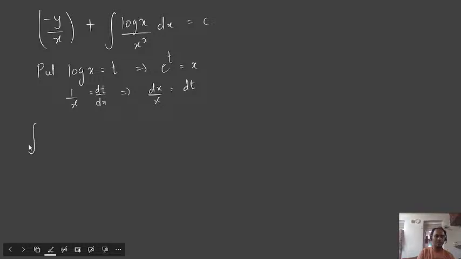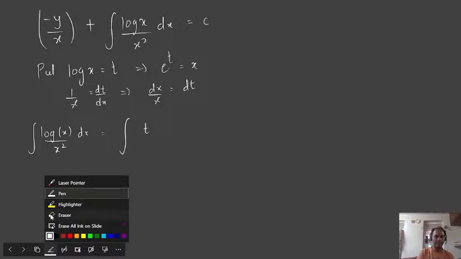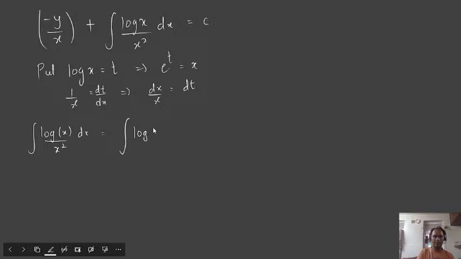Now considering log x over x square dx, what all terms have vanished? Let us see. Log x has got converted to t, dx has got converted to dx over x, right? So this rather I'll write first like this: log x over x into 1 over x dx.